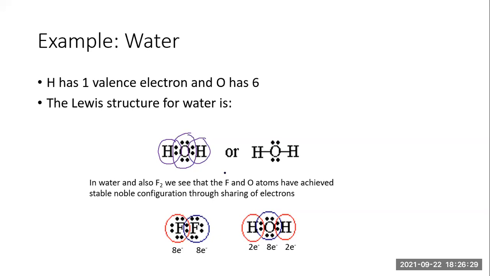And again, what this allows us to see is the oxygen hits the magic number of 8. Each of the hydrogens hit the magic number of 2 for hydrogen. And everybody again hits the noble gas configuration and is very happy. And really, again, that is the purpose of bonding here.